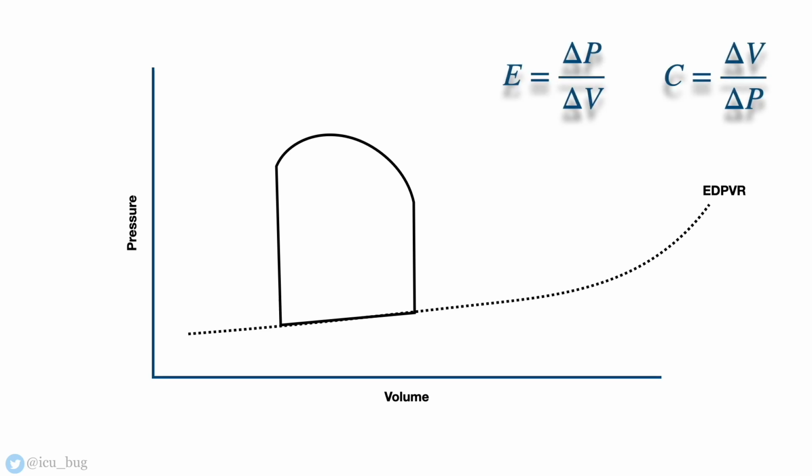It is the resistance offered by any elastic structure to change in its conformation. It is mathematically a ratio of the change in pressure to the change in the volume of the LV cavity. Compliance, on the other hand, is the inverse of elastance and is equal to the ratio of change in ventricular volume to change in ventricular pressure.